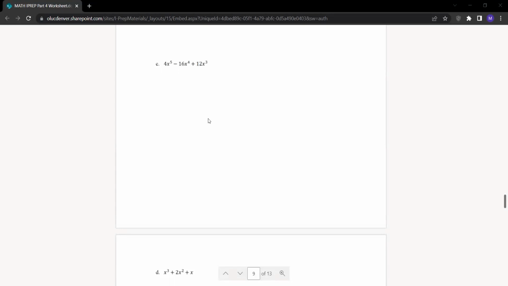So if you remember from C, we have an odd degree and a positive coefficient. So our left side will go down, our right side will go up. For vertices, we have a degree of 5, so we have 4 vertices. And then if you remember our x-intercepts here, on part C, we have 0, 1, and 3.